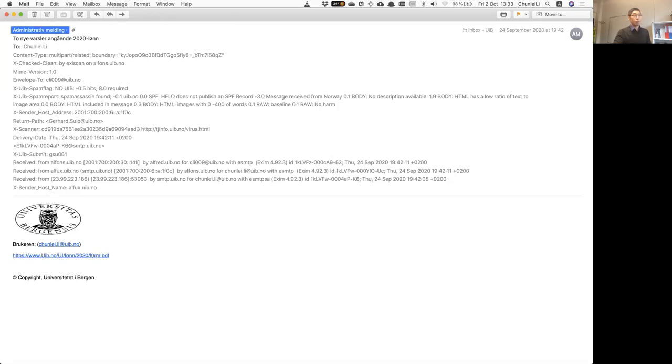Even if you are really motivated to click on the attachments, you can open it in the virtual machine.